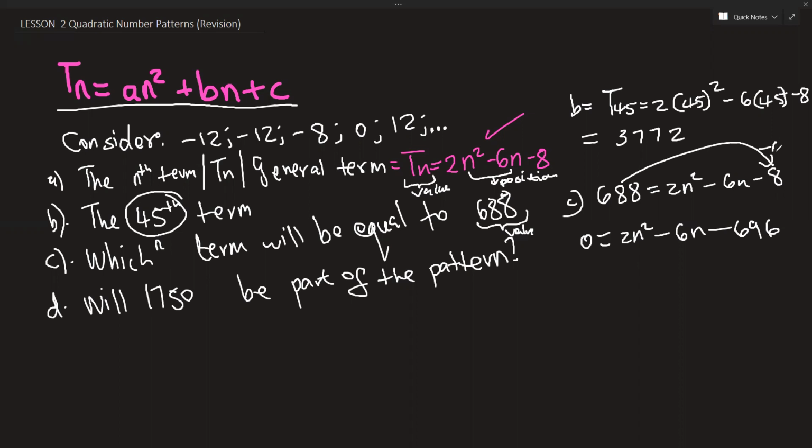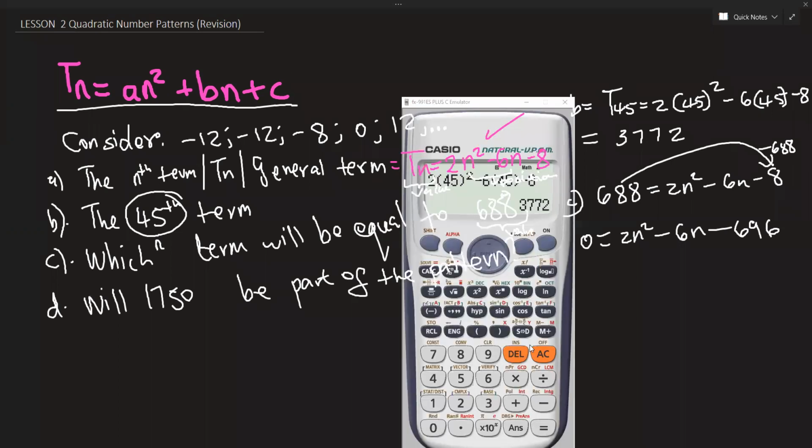So I'm going to have negative 688 minus 8. Let me just quickly confirm on a calculator. Negative 8 minus 688, negative 696. Yeah, we find.